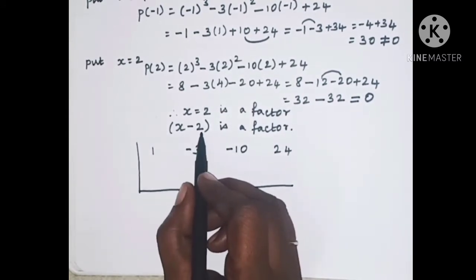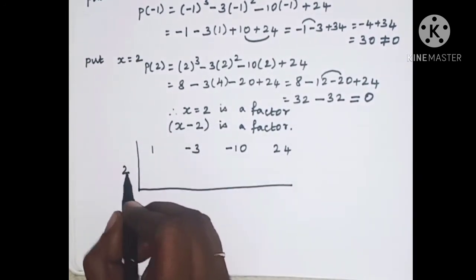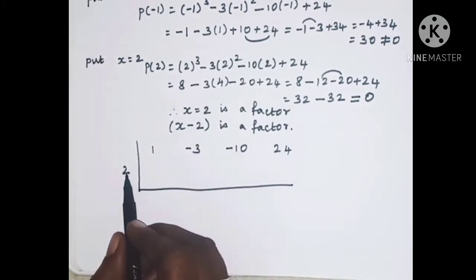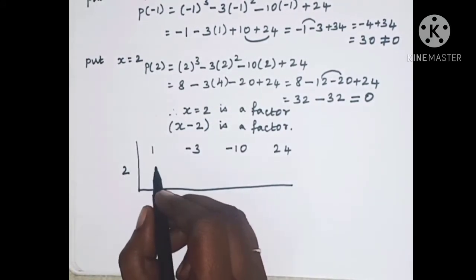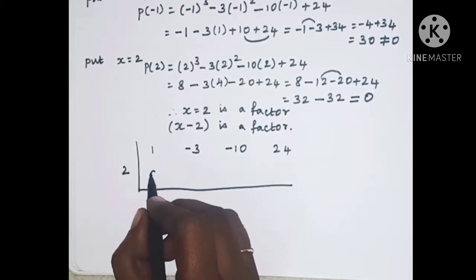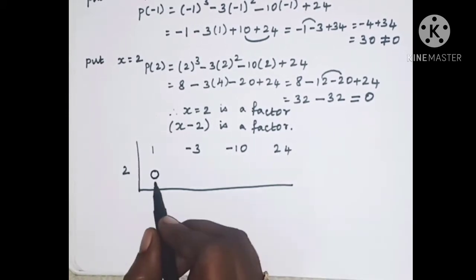So here we have identified x minus 2 is a factor. So x is equal to 2 is a factor, so put 2 here. And then we already know that here we have to put 0. For every sum in the synthetic division method we have to write 0 in this place.